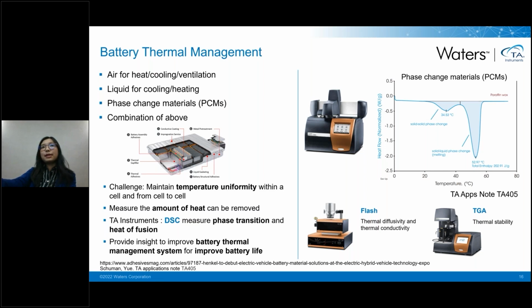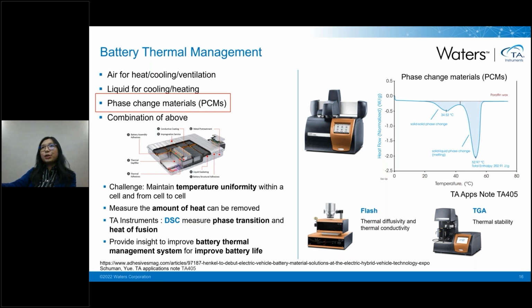The thermal management system can use all three different approaches, and I want to give you a little more detail on the phase change material, how it is actually used and how it maintains the battery temperature. The challenge here is maintaining the temperature within the cell and also from cell to cell, to prevent any heat flow change and give better battery performance.